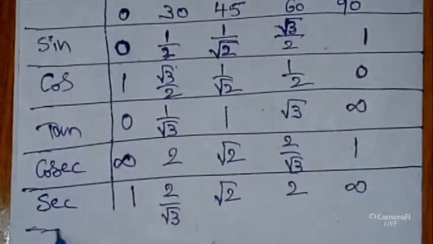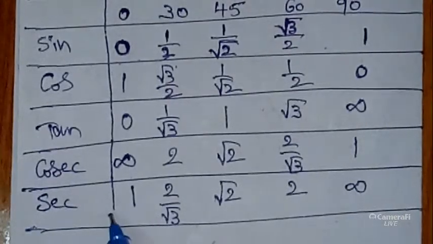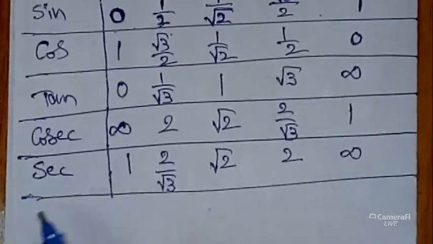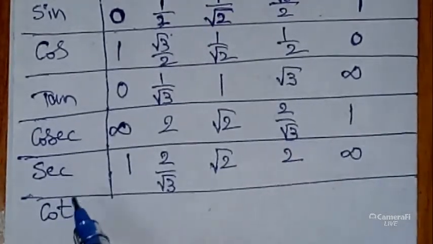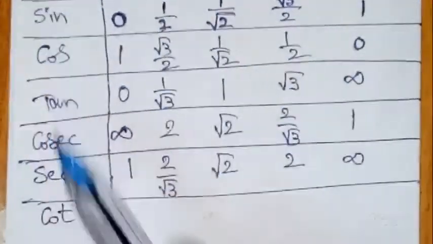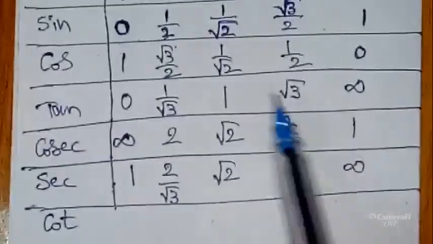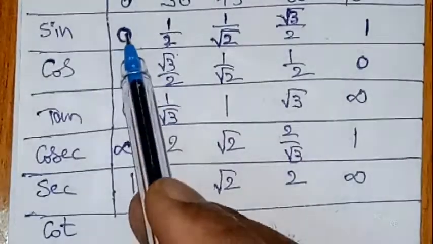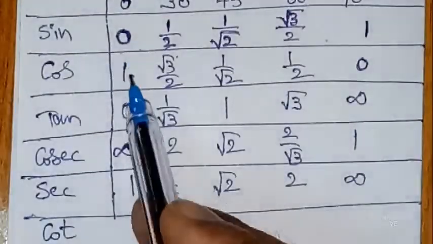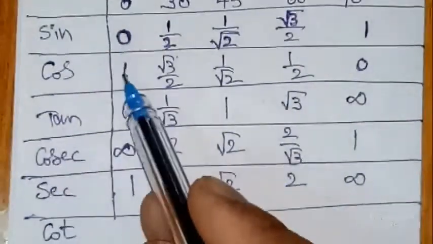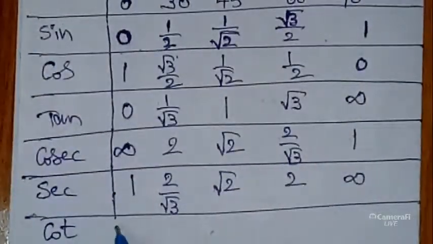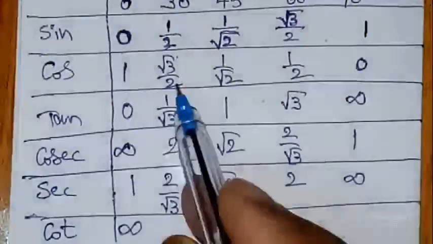Okay, now at the last, I want to tell you cot. Cot is cos by sin or 1 by tan. First I wanted to tell you by using sin and cos. That is cos by sin, reverse, 1 by 0 is undefined.